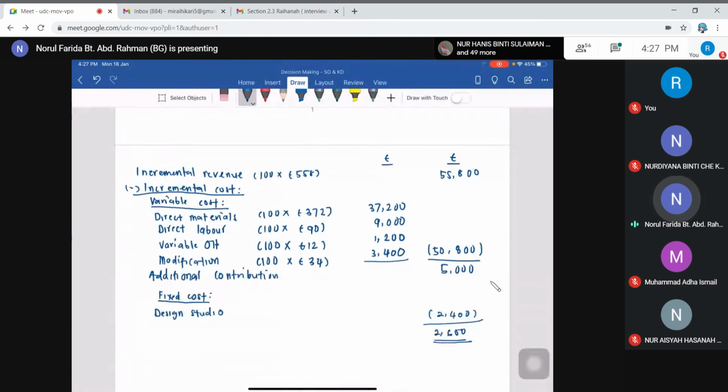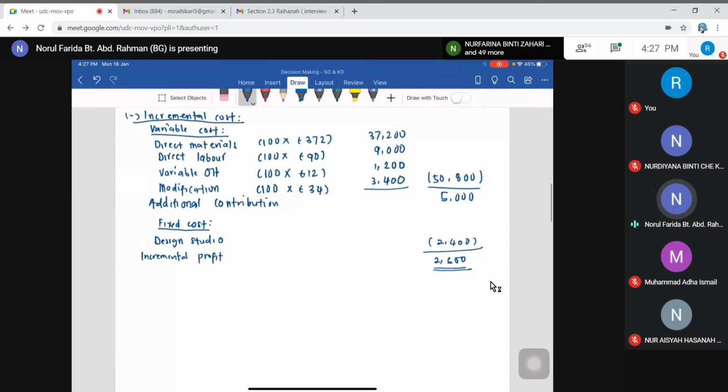Okay. So this is what we call incremental profit. If it is a loss, it is an incremental loss. Alright. So that is incremental profit. Incremental profit of 2,600. Okay, like I said earlier, whether you want to accept or reject, you must calculate whether the special order will give you either profit or loss.